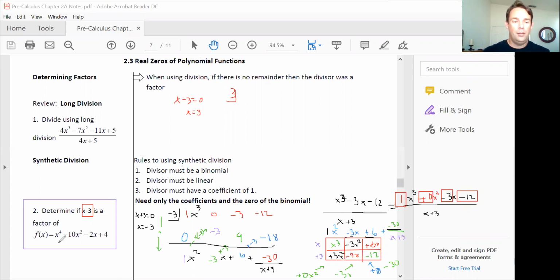And then notice I'm missing a term. So I'm going to add a 0x cubed. By the way, I have a 1 in front of there. Minus 10x squared minus 2x plus 4.